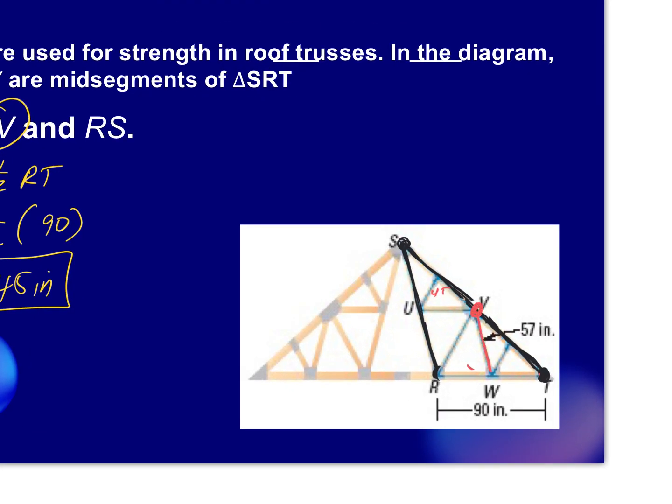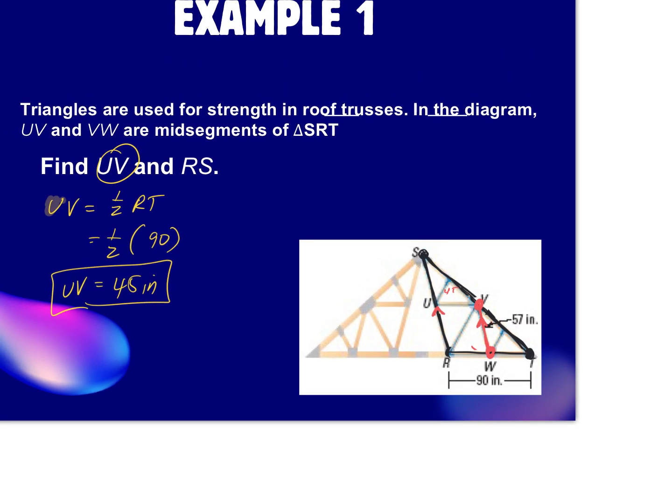It goes from this midpoint to this midpoint here. So here's this line down here. And so again, VW is my midsegment. I know that VW is parallel to SR, okay? And I know that it's half of whatever SR is. Well, notice that it told me that VW is 57 inches.